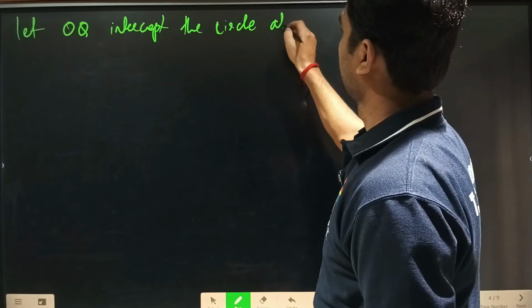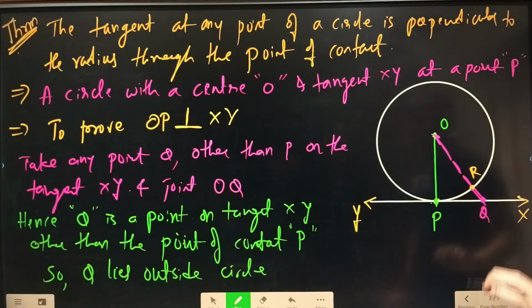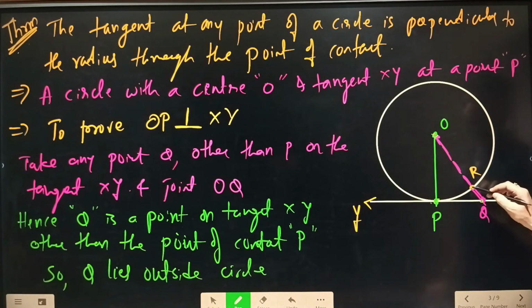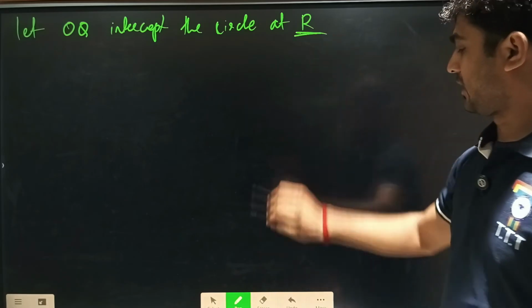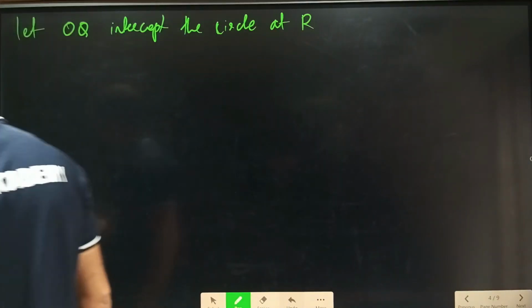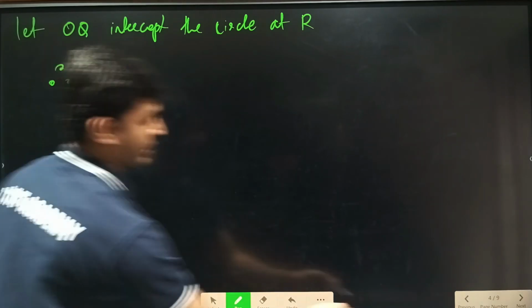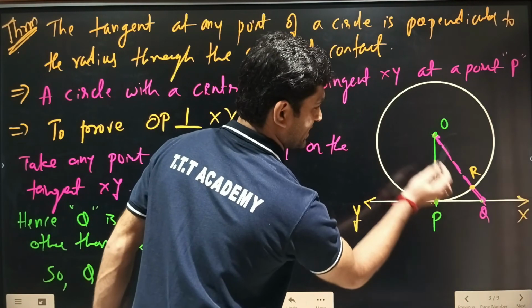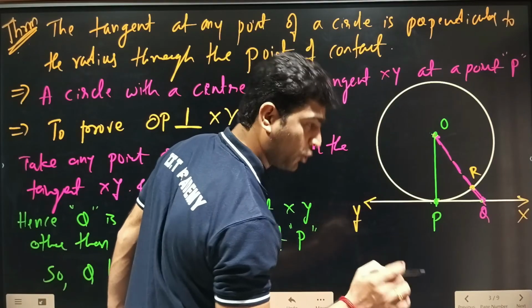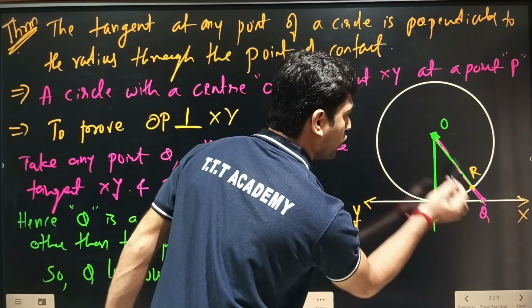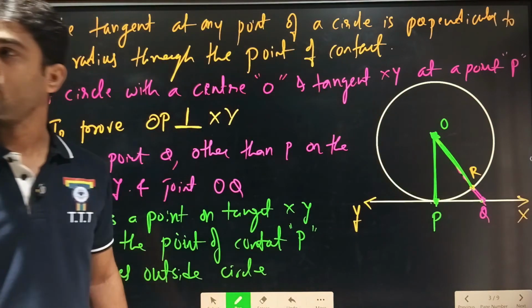At which point does OQ intersect the circle? At R. Since OQ intersects the circle at a point R, therefore OP is the same length as OR, no?